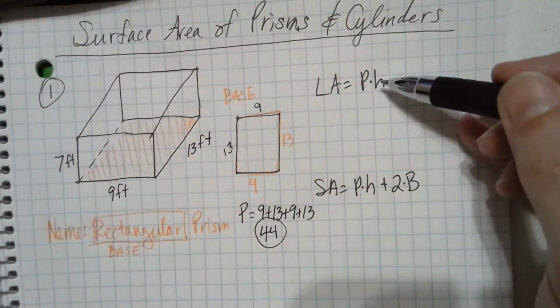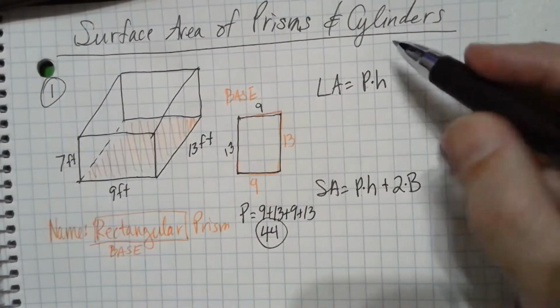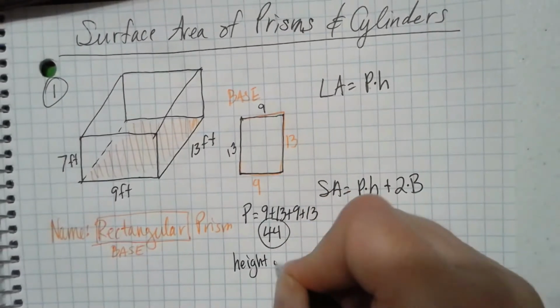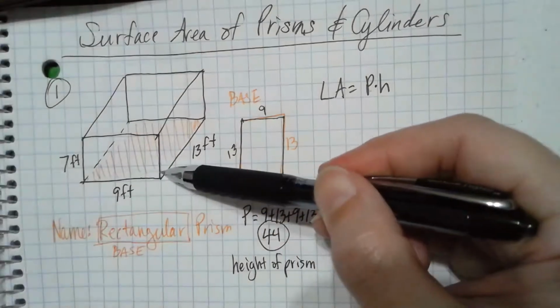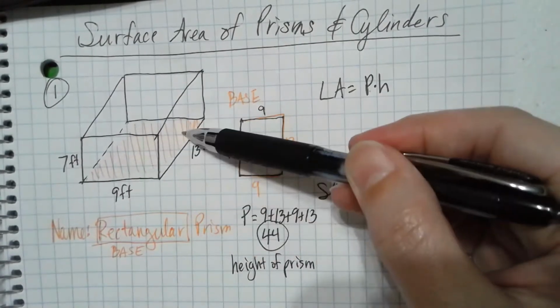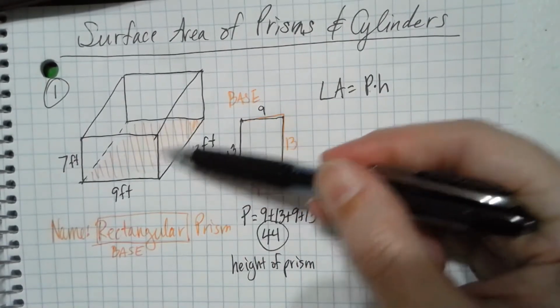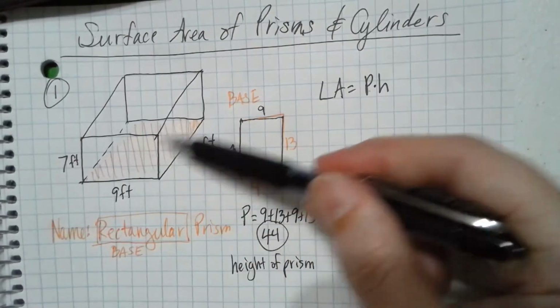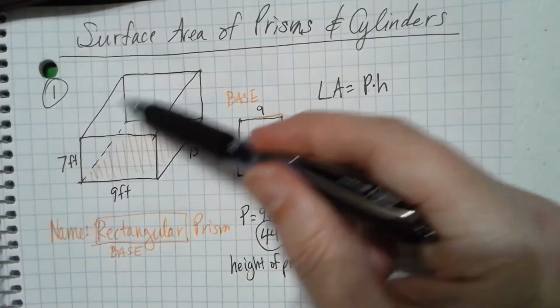Then we have the H. H stands for the height of our prism. Now here's the thing. Do you see how I've already used the 9 and the 13 as part of my base? Neither of those numbers can be the height. The height has to go away from that surface to the other part that's parallel to it.